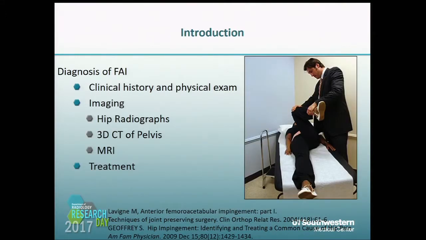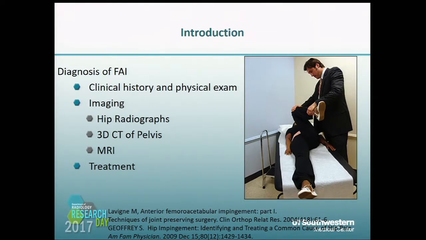As far as femoroacetabular impingement, these patients present to the sports orthopedist, usually with groin pain and stiffness that's exacerbated by certain movements. The orthopedist takes a clinical history and then does a targeted physical exam with certain movements to see if they agree with the diagnosis of FAI, at which point they obtain basic imaging, usually hip radiographs, where they do alpha angle measurements.